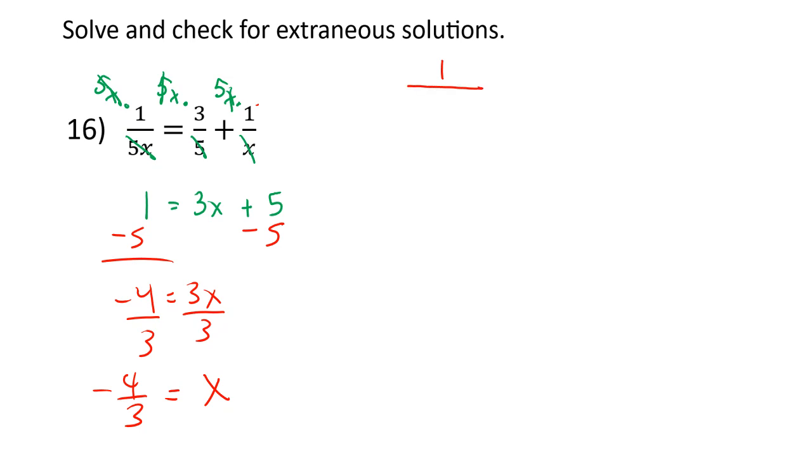So I have 1 over 5 times negative 4 over 3 equals 3 over 5 plus 1 over negative 4 over 3. So I'm going to use my calculator to times the 5 and the negative 4 over 3. I have negative 20 over 3, and it's all over 1.